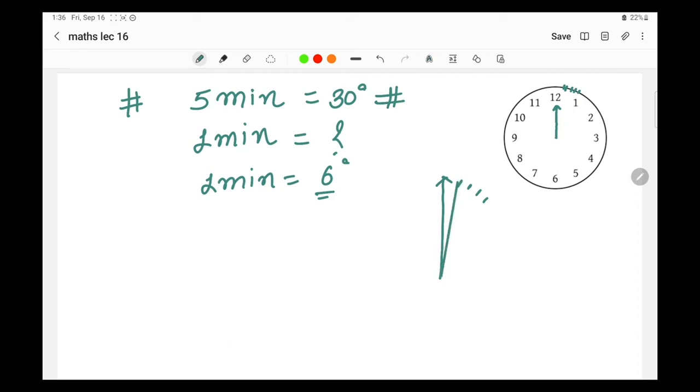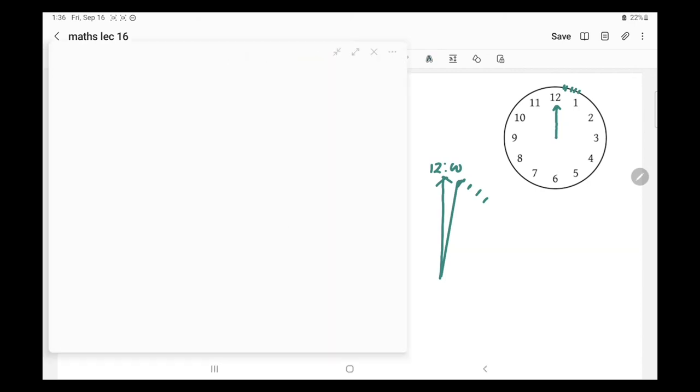So this is 12 o'clock and this is 12:01. The minute hand over here is crossing about how many degrees? It is crossing about 6 degrees. So when 1 minute occurs, it means that the minute hand is crossing 6 degrees. This is the thing that we have to keep in mind.